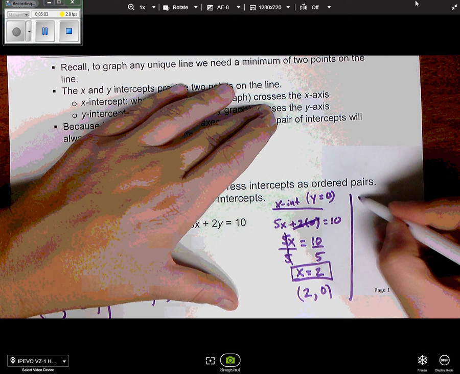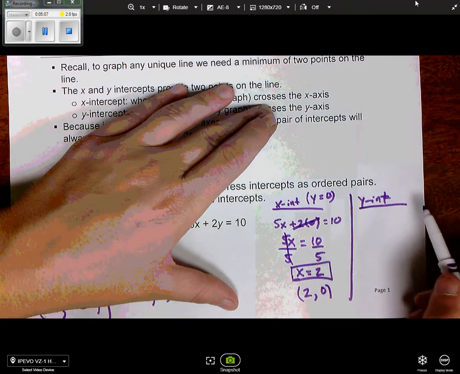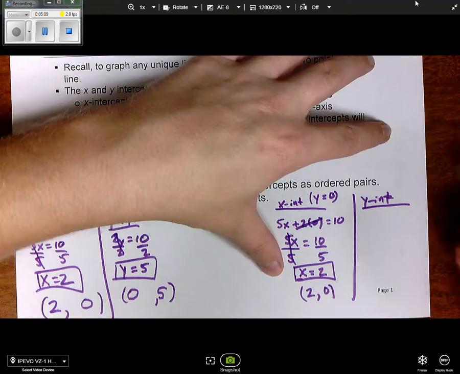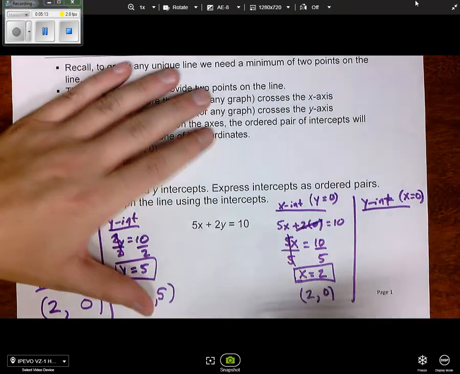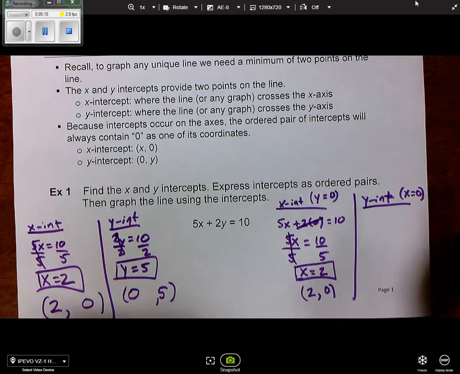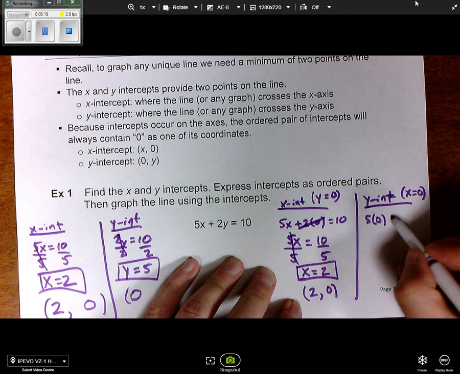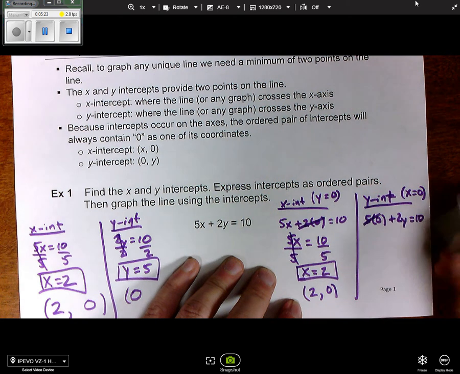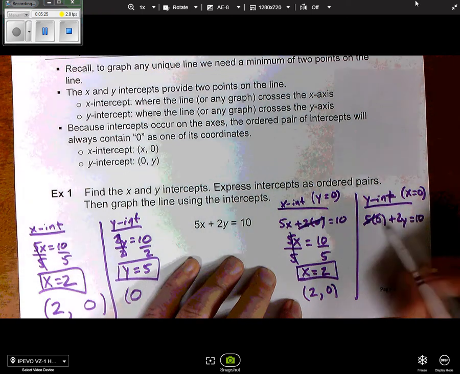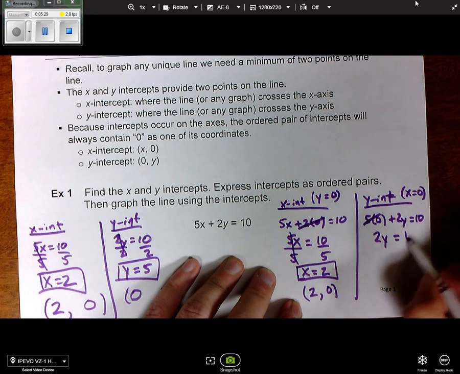So to find the y-intercept, what do we set equal to 0? We set x equal to 0. We're going to replace this x with a 0 and solve for y. 5 times 0 is 0. 0 plus anything is that anything. In this case, our anything is 2y.